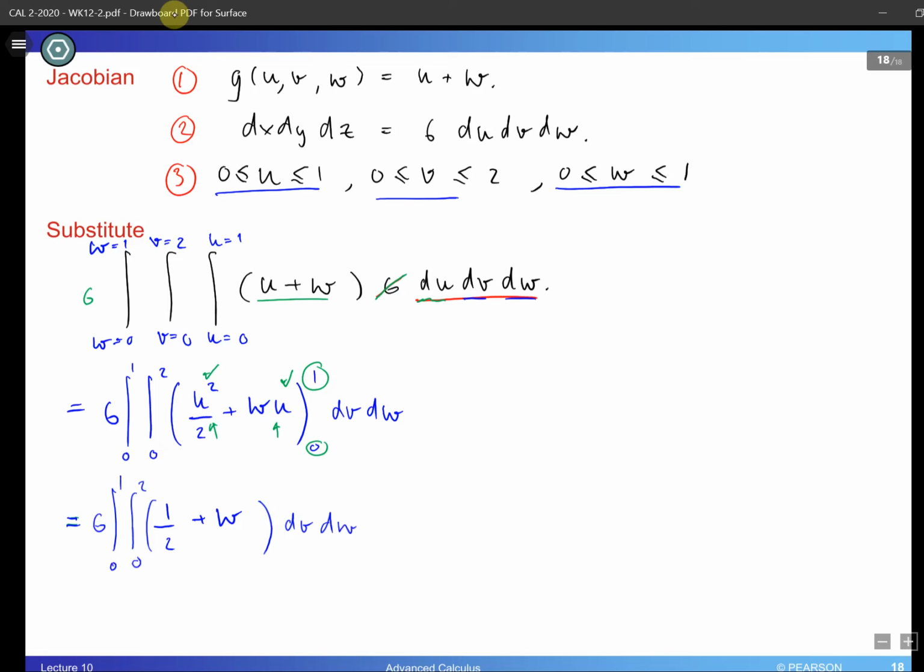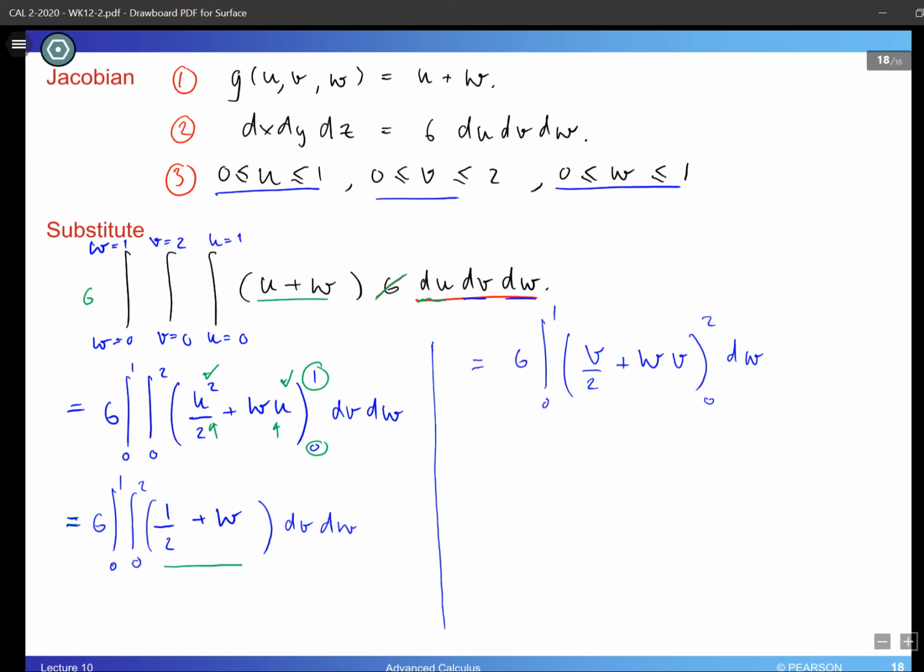Let's continue over here. We are going to integrate this with respect to v, so we get v over 2 plus wv, and we evaluate this at two values of v, 0 and 2. We still need to integrate this once more with respect to w, from 0 to 1, and we still have 6.